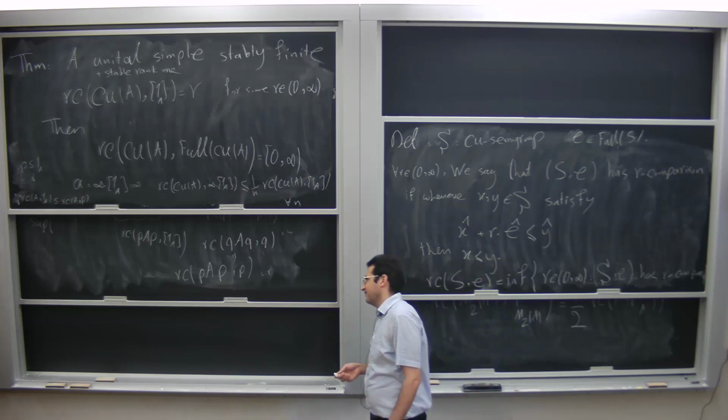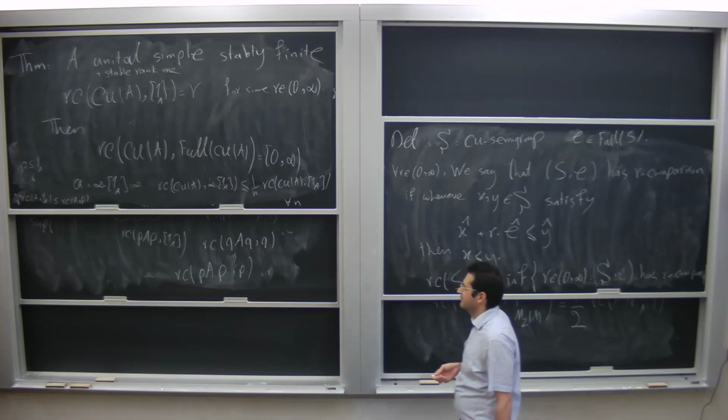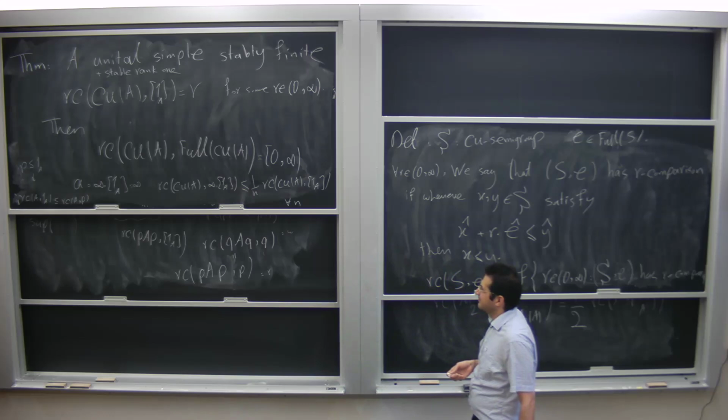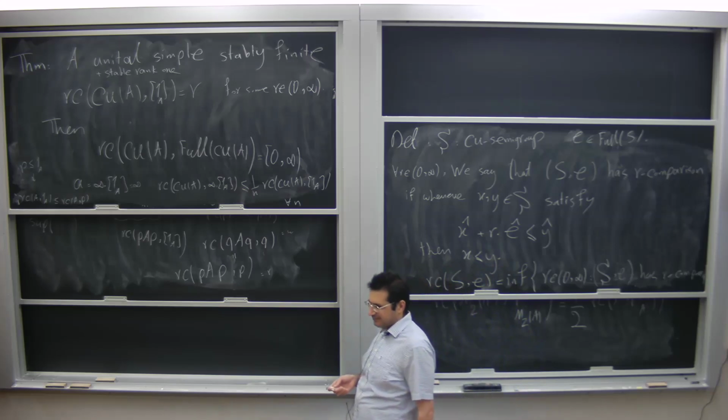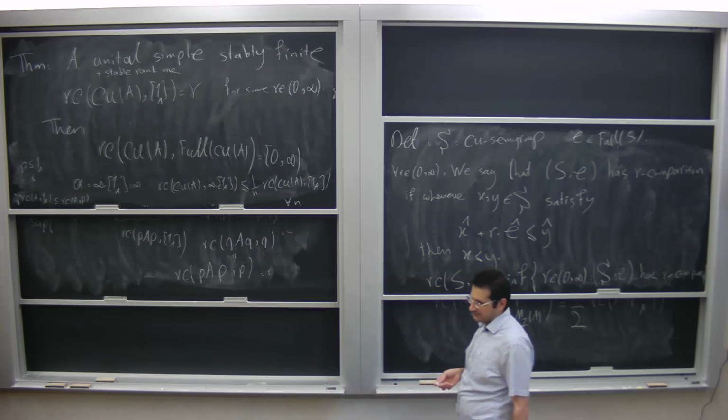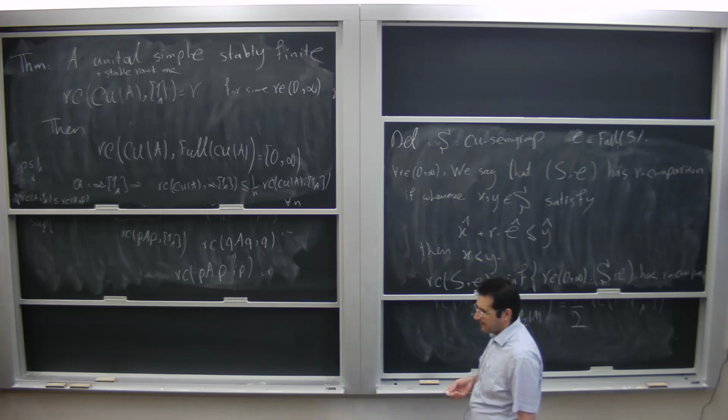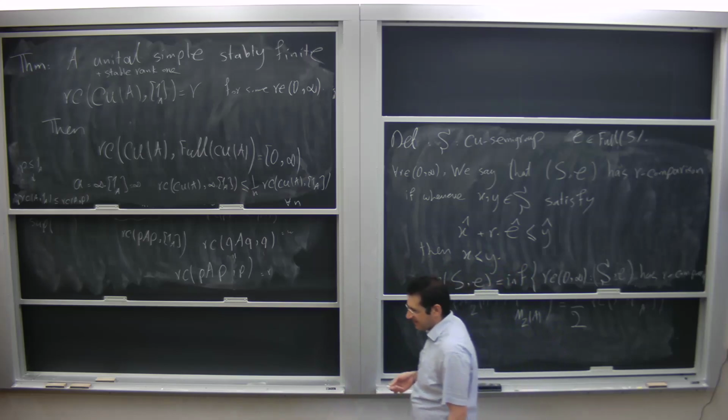But then when you're finished, you point out that each of those projections is the unit of a certain algebra. They made the cut down. So at the very end, you talk about the cut down.